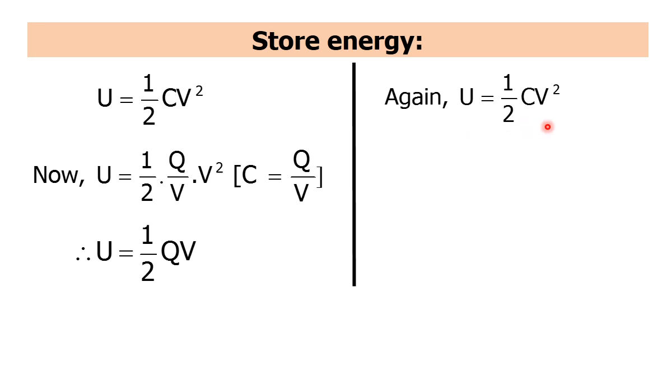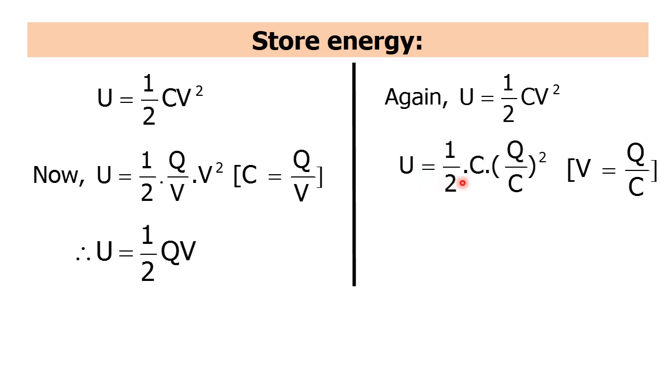The main formula of stored energy is U equal to half C V square. If we take the value of V from the equation C equal to Q by V, by changing the position of C and V, we can write V equal to Q by C. And if we put the value of V in the formula U equal to half C V square, then we can write U equal to half into C into Q by C whole square.